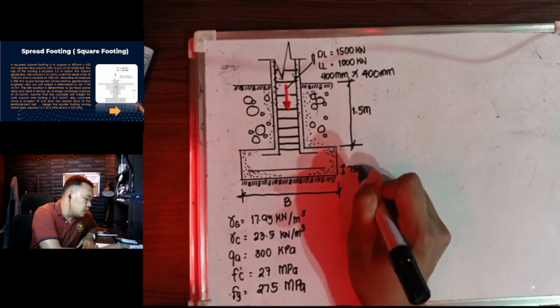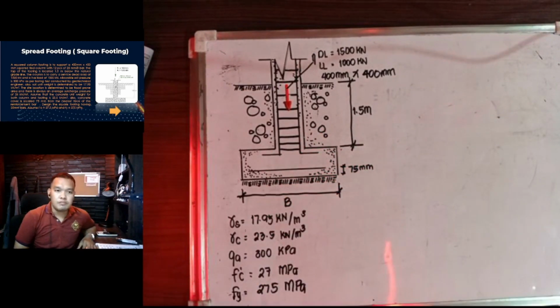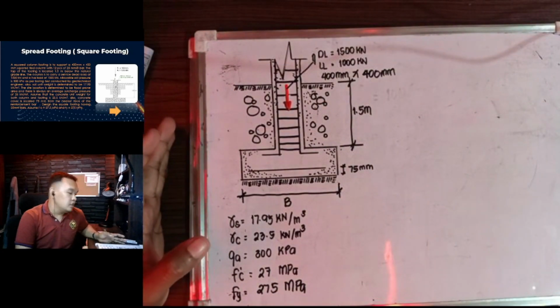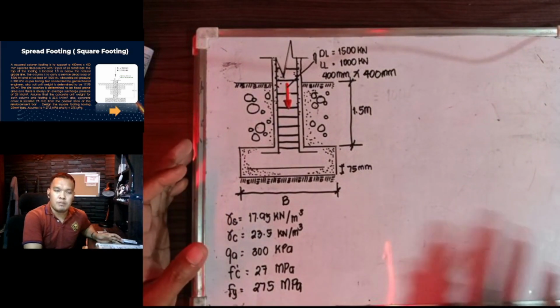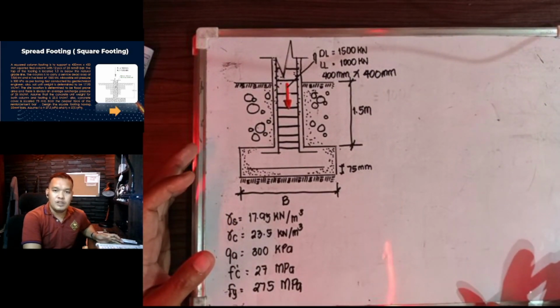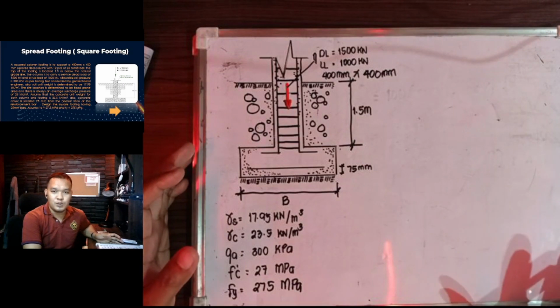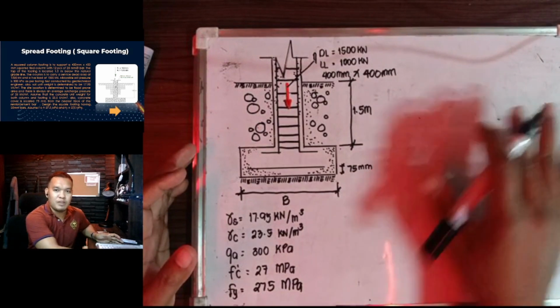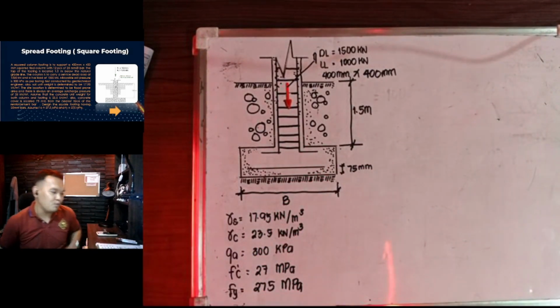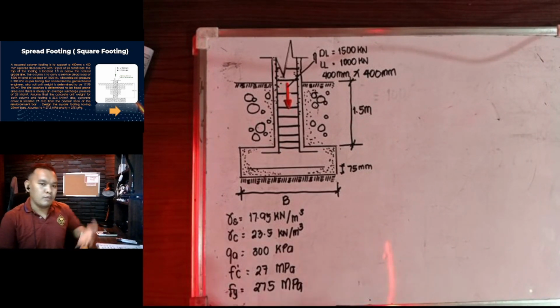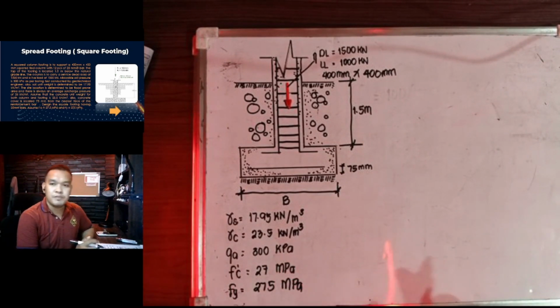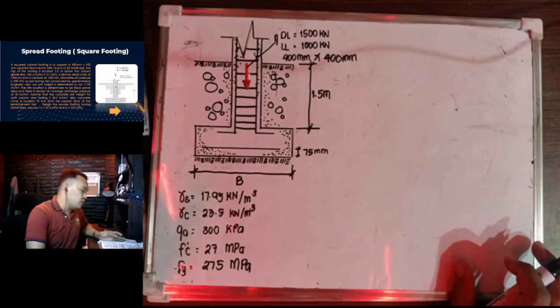After you draw and place the values of your problem, you can compute. But if during the exam you cannot remember the formulas, at least you have a drawing. Who knows, the professor may take pity and give you points or bonus points. So let's continue and solve. We have here the solution for number 1.